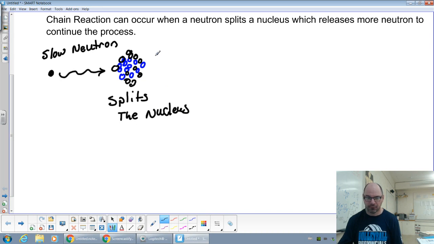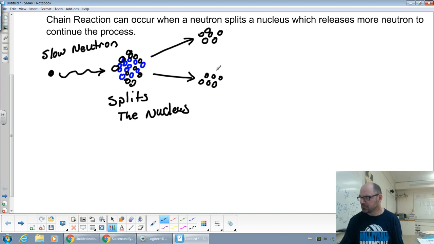With uranium-235, it splits into 3 actually, but it could be just 2. Let's just do 2 so that it's not so bad. So we have 2 daughter nuclei, and these are smaller.